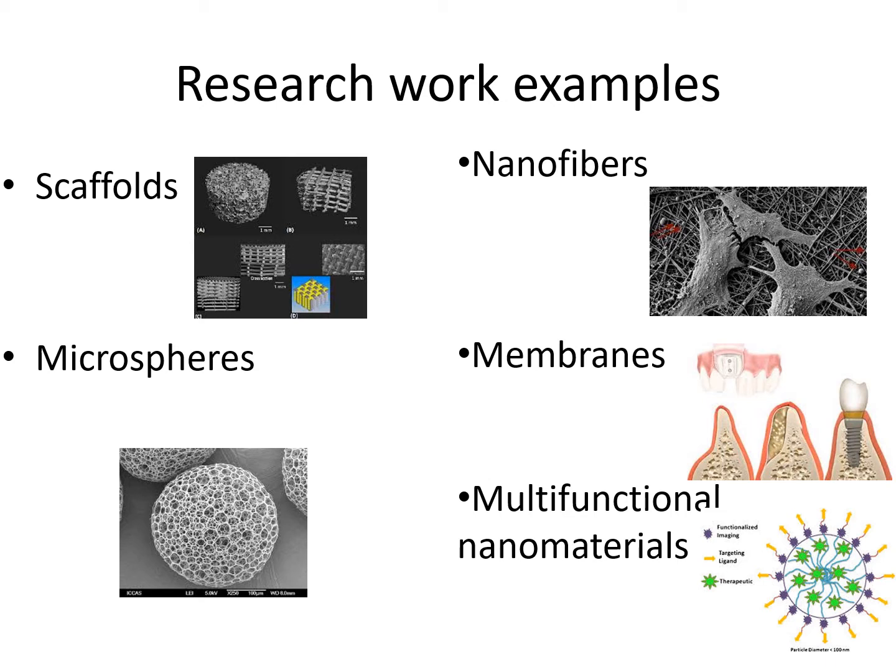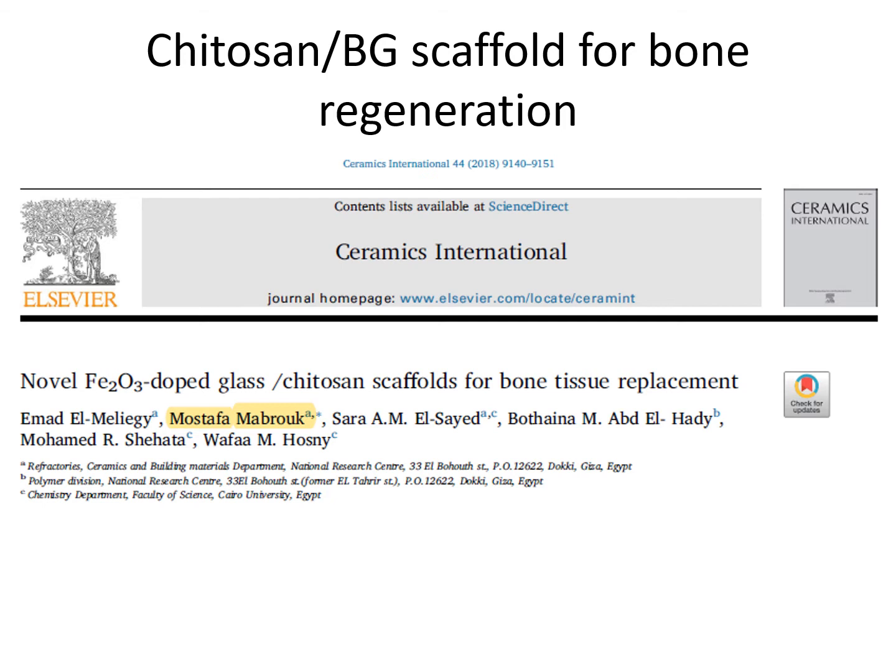We move now to our research examples. We have nanocomposite scaffolds, and we have nanofibers, microspheres, membranes, and multifunction nanomaterials. The first example is the composite scaffold from bioactive glass and Chitosan.